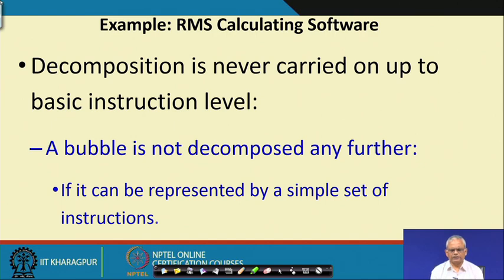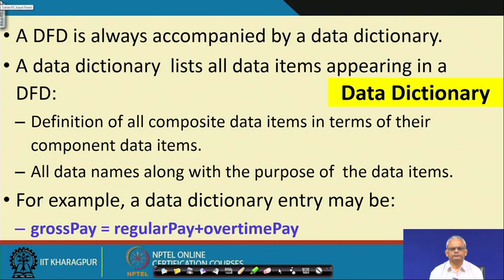So, I just mentioned here that we do not really decompose to this level. Compute RMS itself is a very simple function, and that can be coded using only very few instructions.